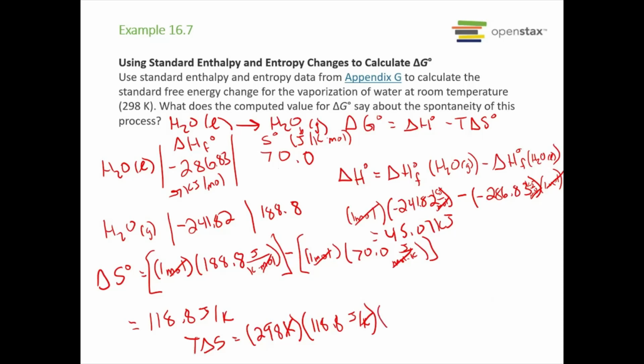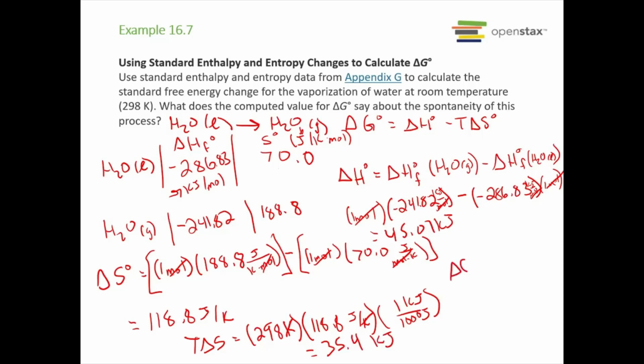And then we'll also do 1 kilojoule per 1,000 joules. So we have 298 times 118.8 divided by 1,000, and that is 35.4 kilojoules. So now we have kilojoules and kilojoules.